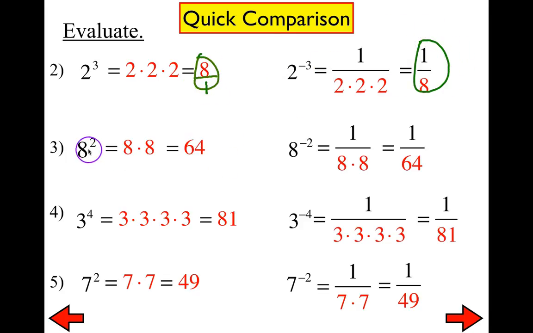Same thing here. The integer to a positive exponent was a whole number, but the same base raised to a negative exponent was the reciprocal. So here, 64 over 1, the reciprocal was 1 over 64. So just a quick reminder, reciprocal is when you take the fraction and you flip it over.